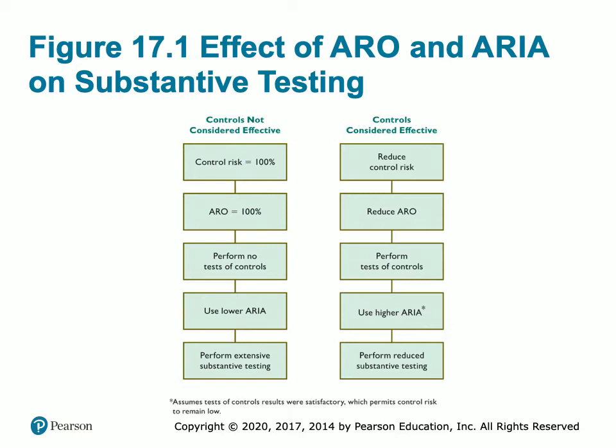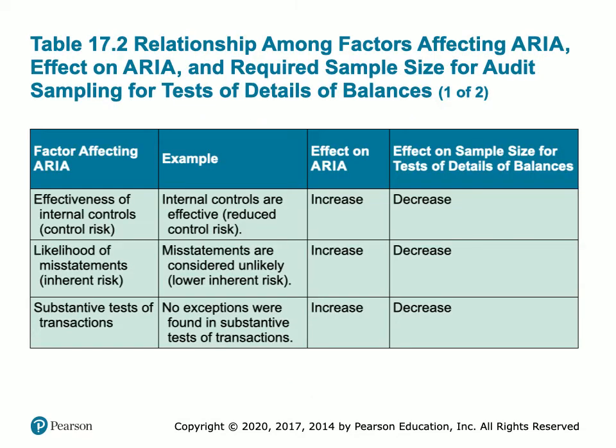So if the controls are considered effective, you've reduced your control risk, which means that when you're solving for 0.05, you can increase your detection risk, which means that you are not going to be doing as many substantive procedures. So that only applies if you've done appropriate testing of your controls. Okay.